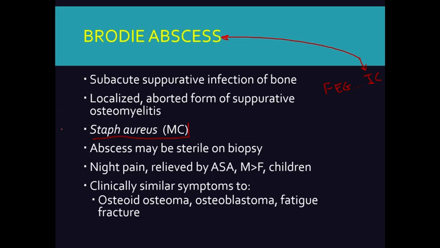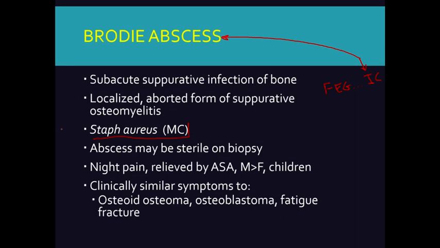Again, the body's trying to wall it off, so it does that by shoring up the walls, making more dense bone around it. With these, the actual abscess might become sterile. So the body might have completely removed it, but it still can cause issues because it's this abnormal abscess inside the tissues.